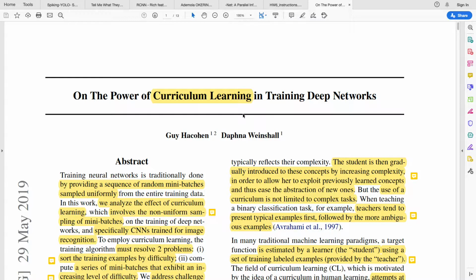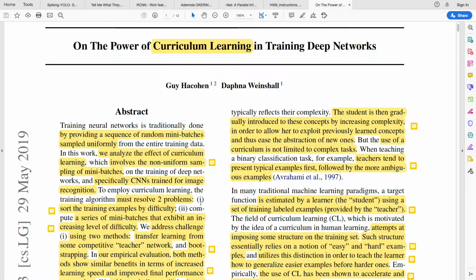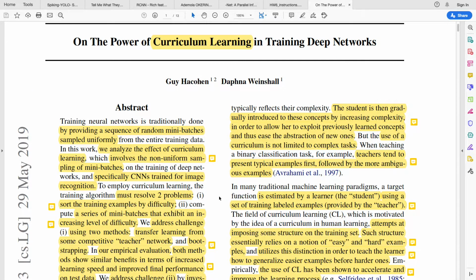And it turned out that the pace, or the order, from the easy examples to the more difficult examples, significantly affects the performance of the trained network. That's essentially what this paper is trying to say. That's the whole summary of the work.